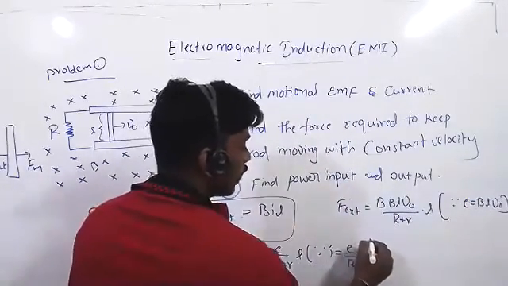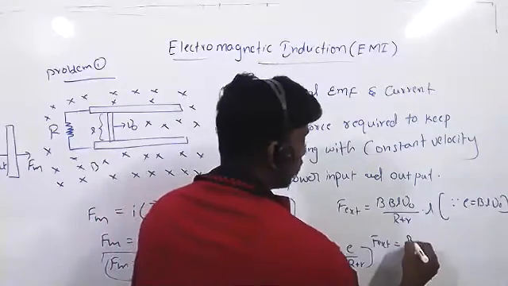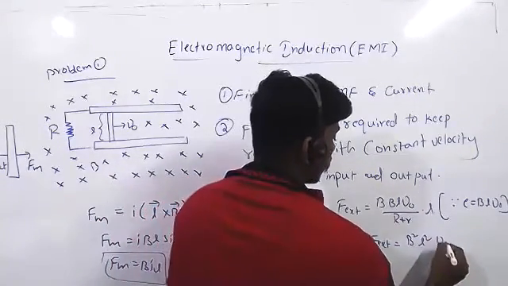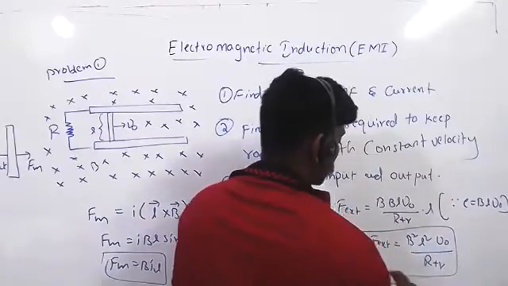So from here, F external equals B square L square V naught by R plus r. It is the external force.